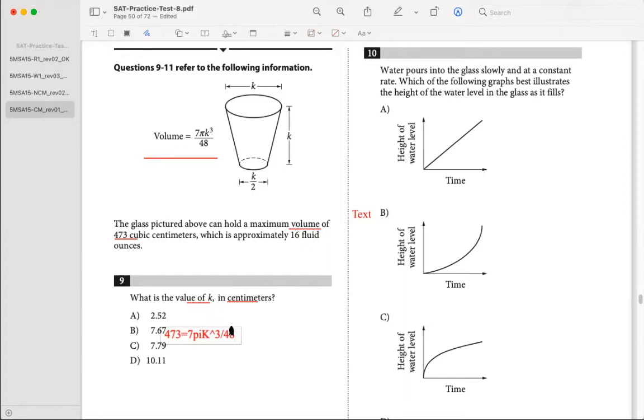Hold on one second, I think I messed up somewhere. So you have 473.